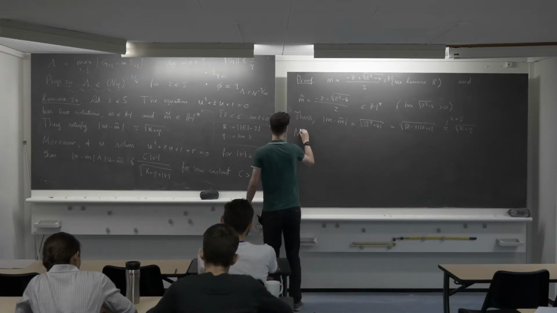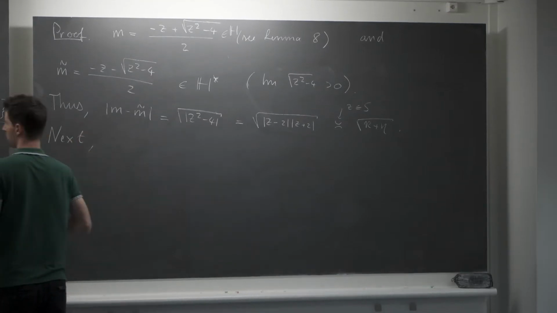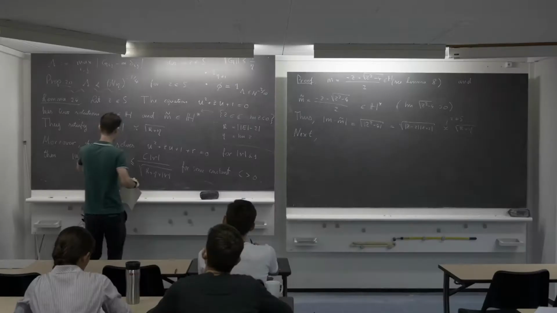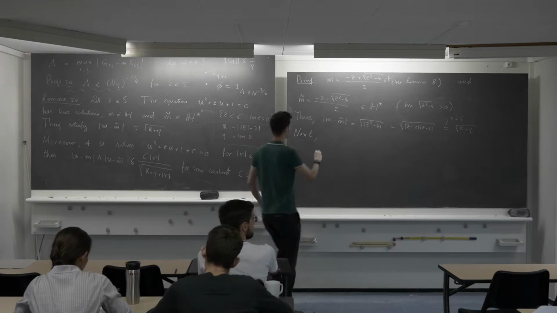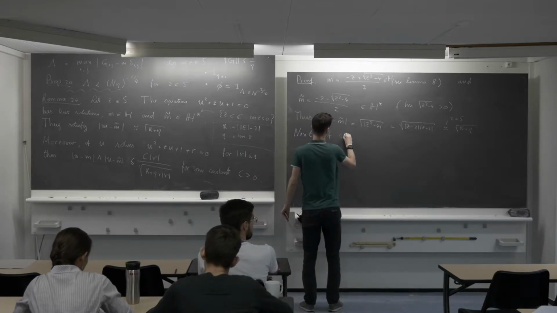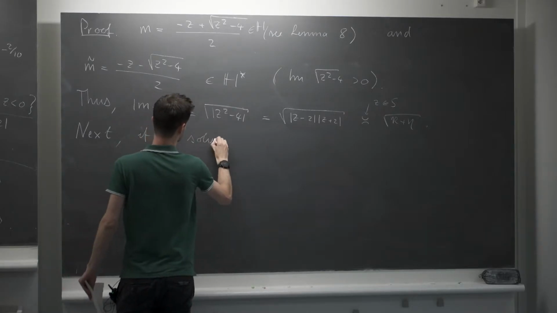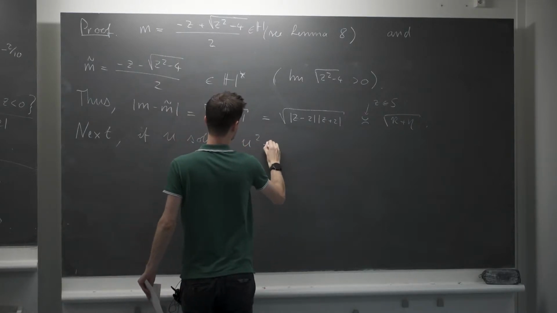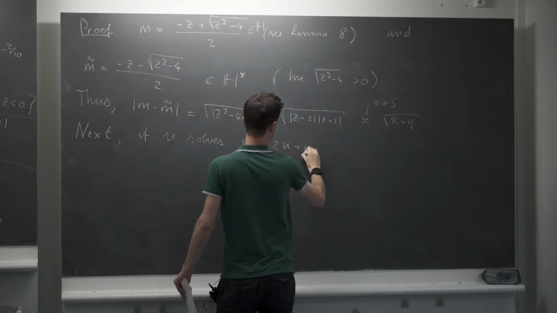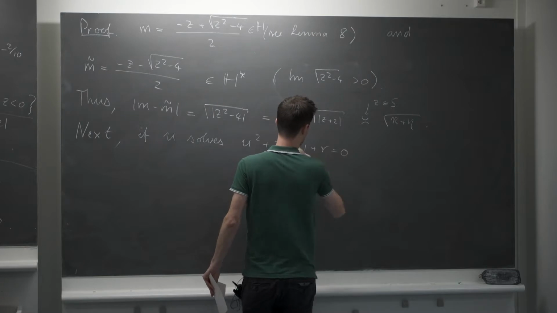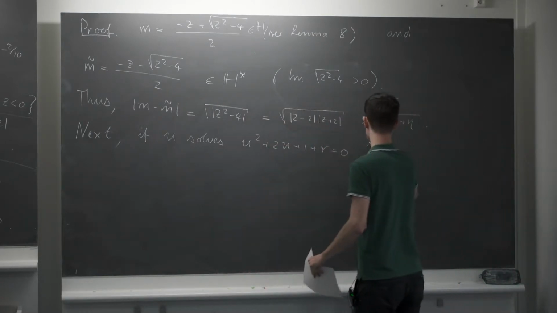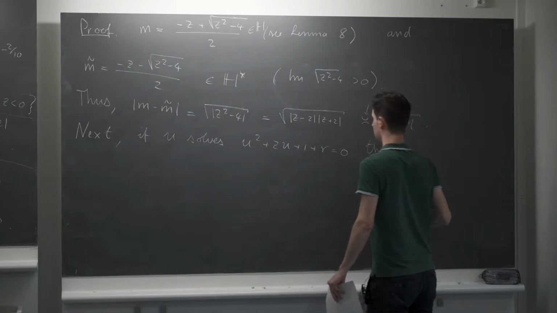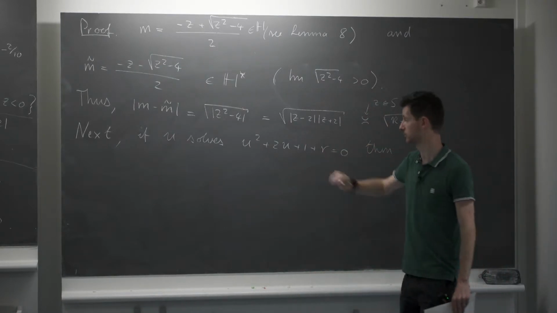So next, this was the claim about m and m tilde. Now I have to analyze this approximate quadratic equation. So if u solves this quadratic equation with some r, then I can also solve this quadratic equation, of course.